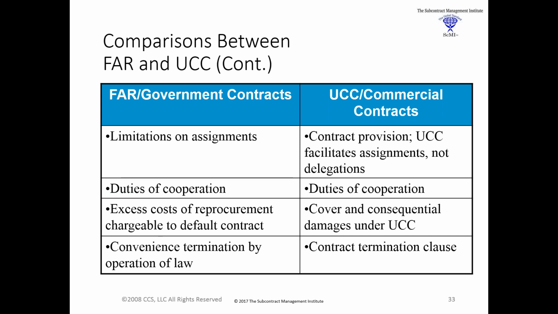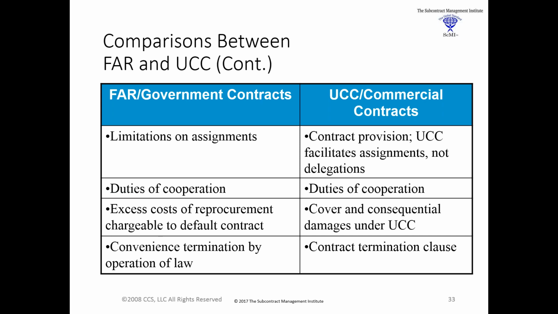But then the excess costs of reprocurement, such as under a fixed price FAR Part 14 or any type of fixed price contract, UCC is different because it allows for cover, which is a particular type of way to prevent further damages, to mitigate your damages, and it allows consequential damages. And that's not typically done under a government contract.